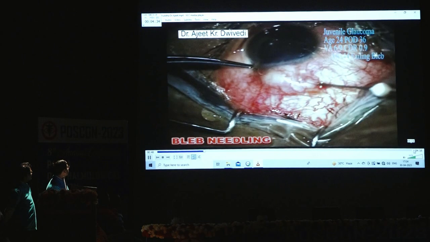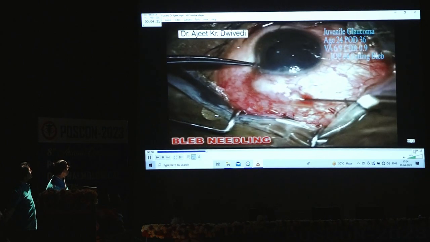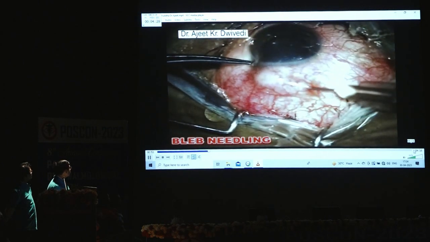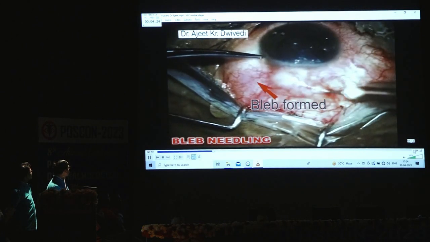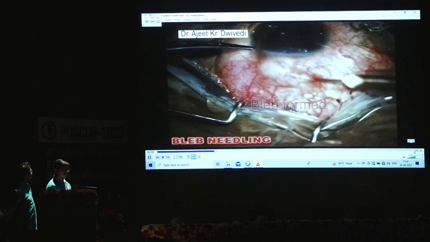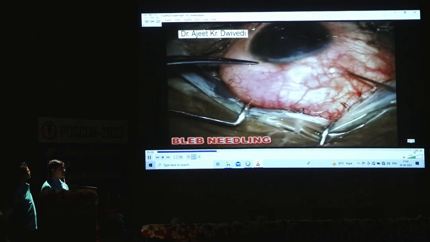This young man, post-trab with a failing bleb, needling itself helped to reduce the IOP from 44 to 8 mm of mercury, and a good bleb later on.